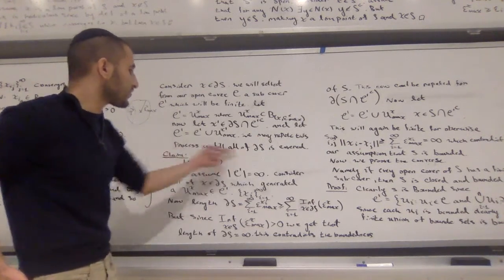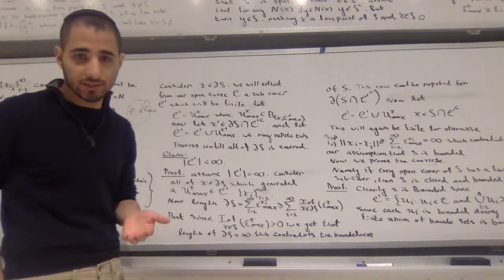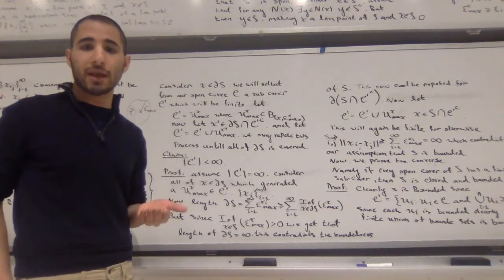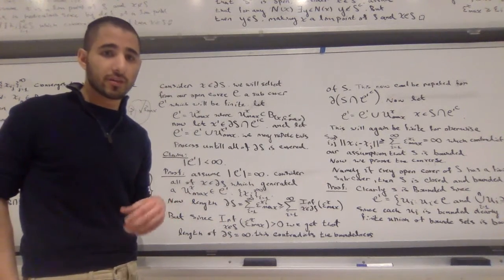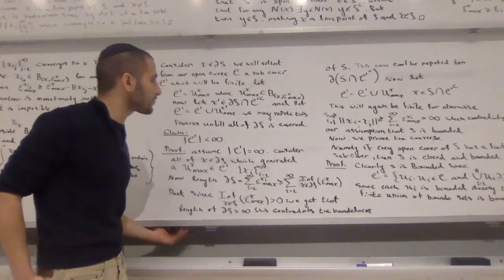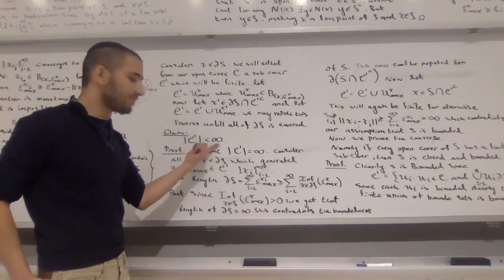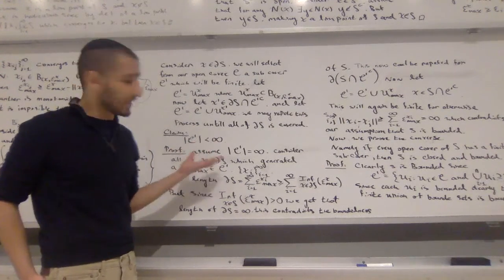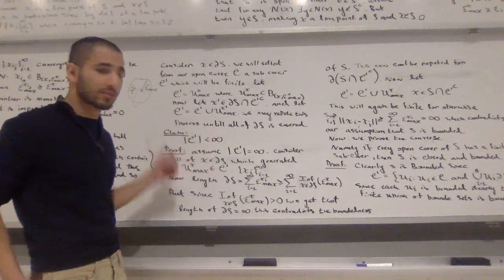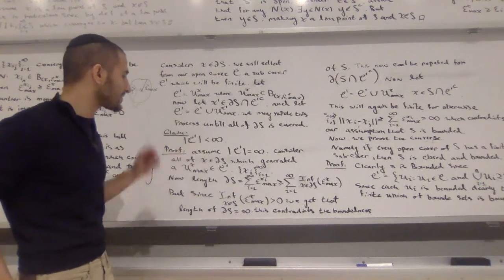We do this until the entire boundary of S is covered, and of course that is certainly possible since the boundary of S is covered in the original open covering. Now the question is, is the cardinality of this subcovering for the boundary infinite or not? We claim that it's not. We claim that the cardinality is going to be less than infinity.